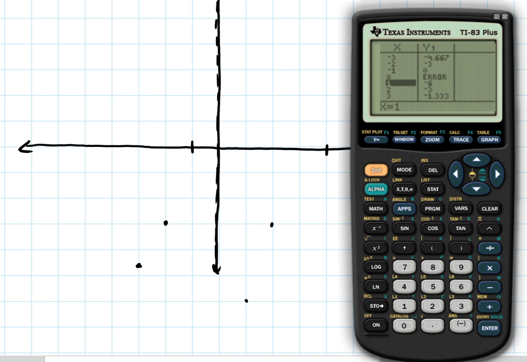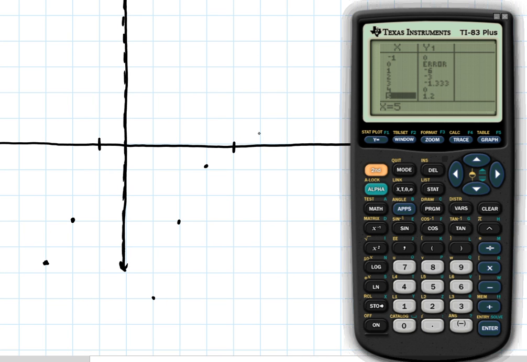At 3, I make it up to negative 1 1/3. And then if I go to 4, I'm at 0, of course. And then 5 is at 1.2. And 6 is 2 1/3. That really surprises me.